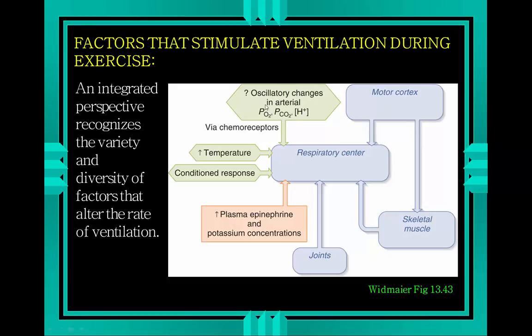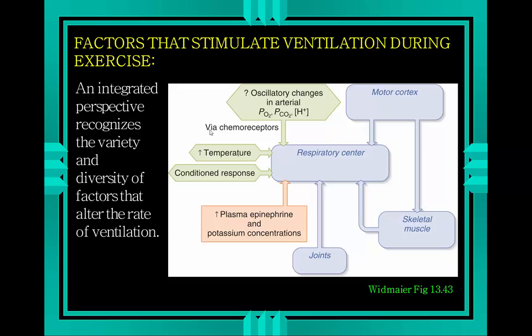Or it could be oscillatory changes in PO2 and PCO2 and hydrogen ions. Now you might say, hang on, you've just told me that those don't change during exercise. Well, those are average levels. Oscillatory changes might be very rapid or even microscopic changes that happen so quickly we don't see them when we're looking at an average chart.